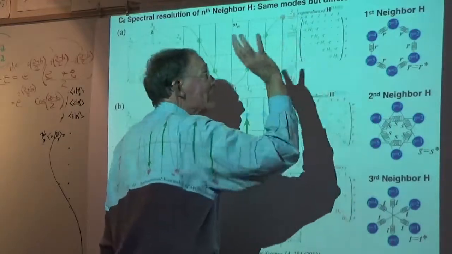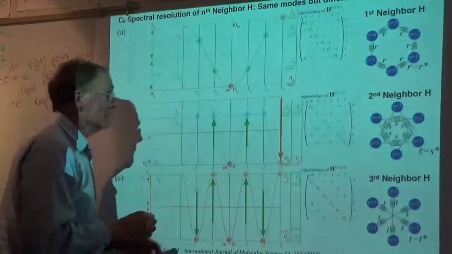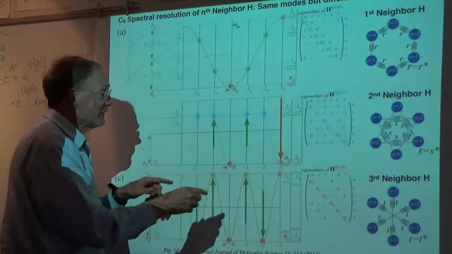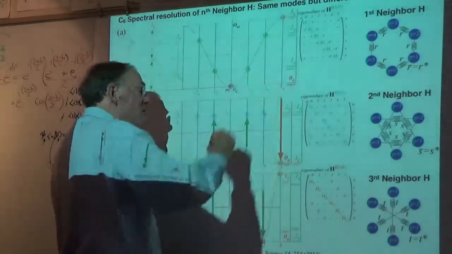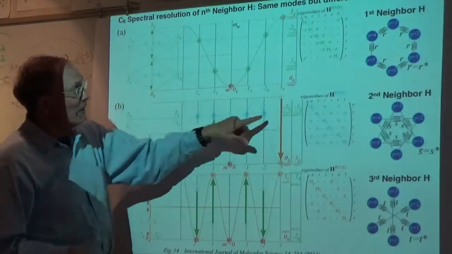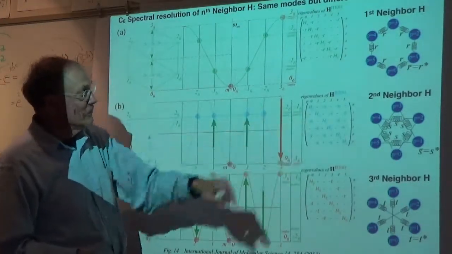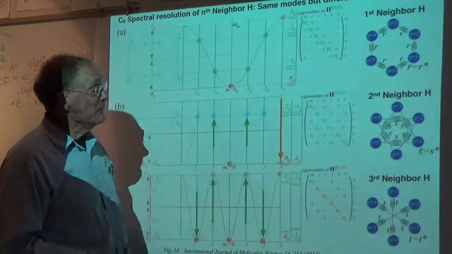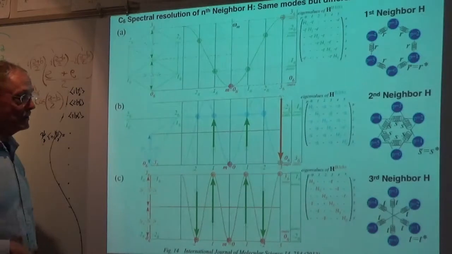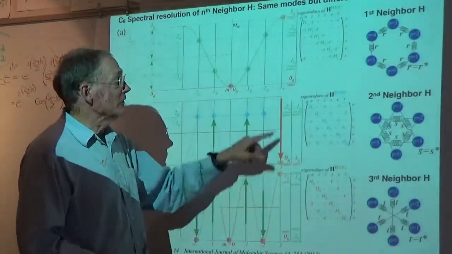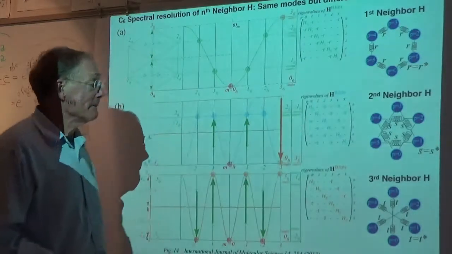Second neighbor, if I take out the first and put in the second, it breaks up into 2 pieces. A 3-like one that's down and an upside down one. You can see how you get a degeneracy of 4 here for that arrangement. And a degeneracy of 2 here, the 0 and 3, mod 6. They're together. They were a singlet before, but now it's a singlet and a singlet, which is a doublet. This is a doublet and a doublet, which is a quartet.